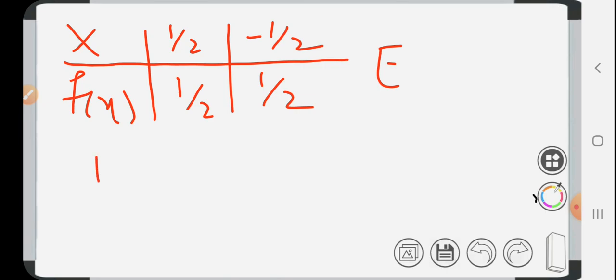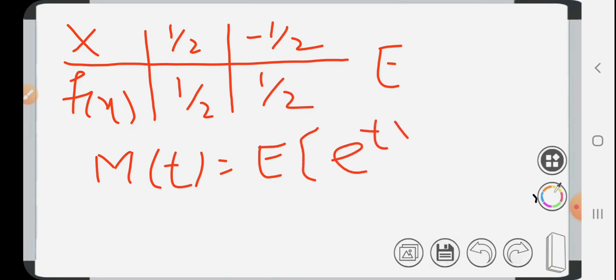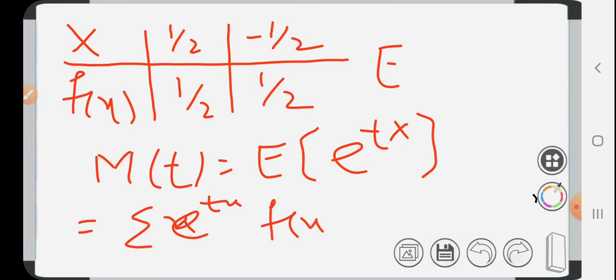We use the notation m of t for this, which is equal to E of e raised to tx. So use that formula here: summation of e raised to tx into f of x. Here two values are there, 1 by 2 and minus 1 by 2, with probabilities 1 by 2, 1 by 2.